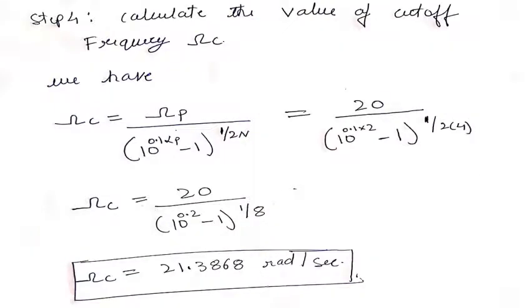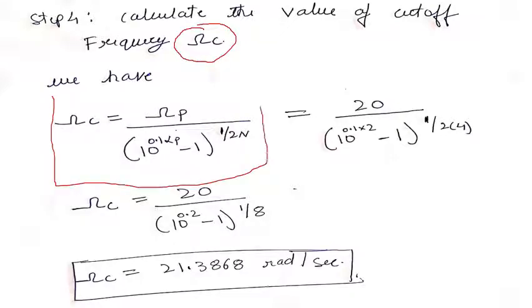The next step in the numerical is to calculate the value of cutoff frequency omega c. We have the formula to compute the cutoff frequency as omega c equals omega p divided by (10 raised to 0.1 alpha p minus 1), the entire term raised to 1 by 2n.